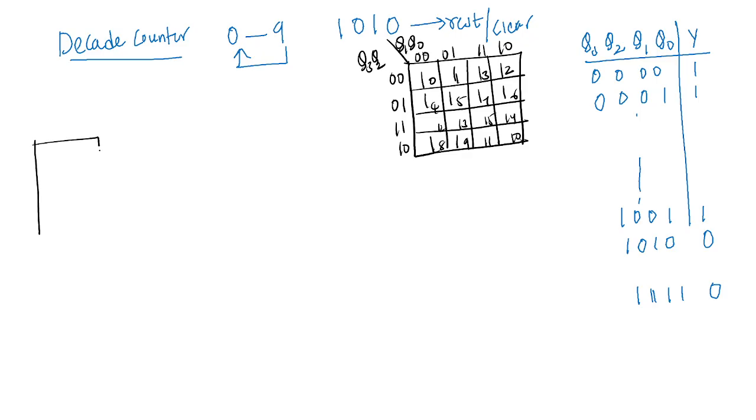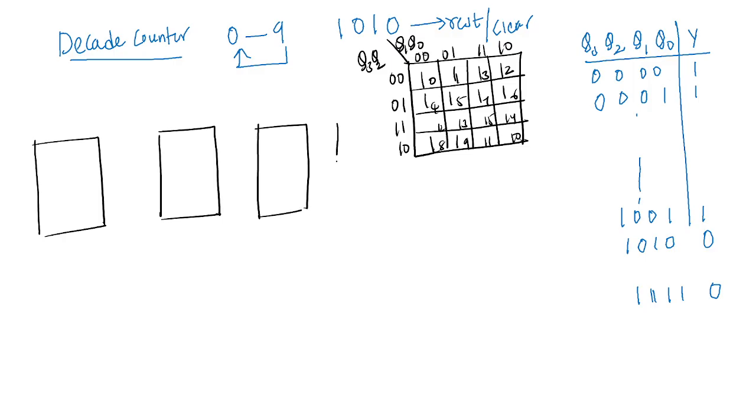Suppose 4 JK flip flops are there. Let us take J0, K0, Q0, J1, K1, Q1, J2, K2, Q2, J3, K3, and Q3.